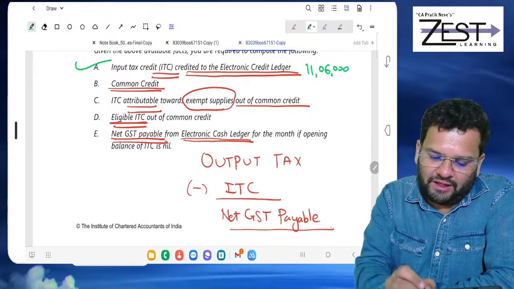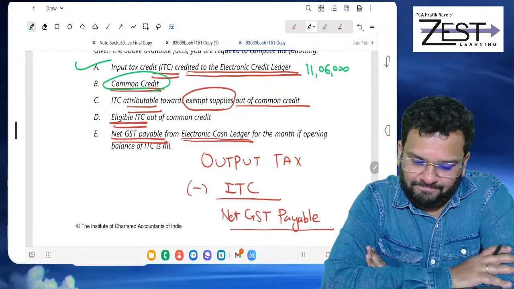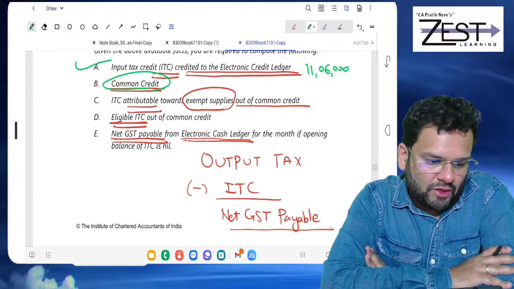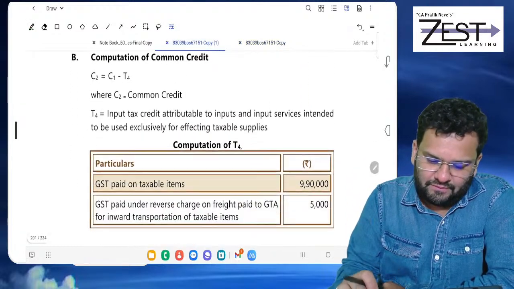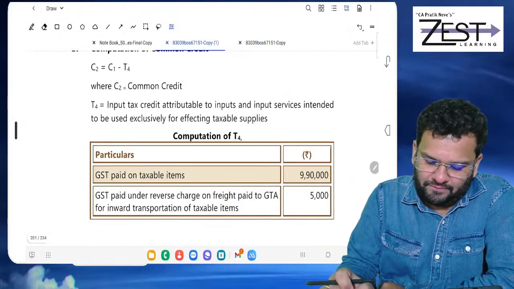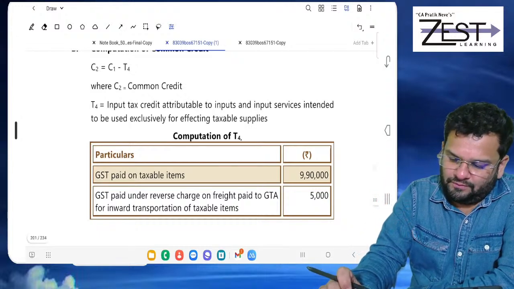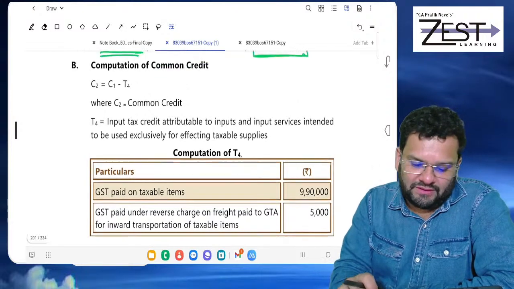Shall we go ahead and find out now common credit? Yes, no. So I know common credit is the one which is used for packing here. Okay. So what you will do now to find out common credit?